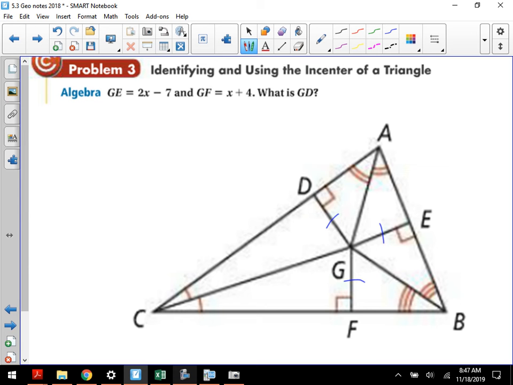So by knowing the vocab, I know that if I have GE, this segment here, is 2x minus 7, and GF, this one down here, is x plus 4, what do you do? Exactly. You know what to set equal to each other. Then you can get your algebra.